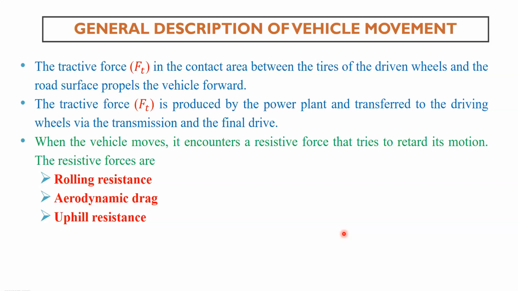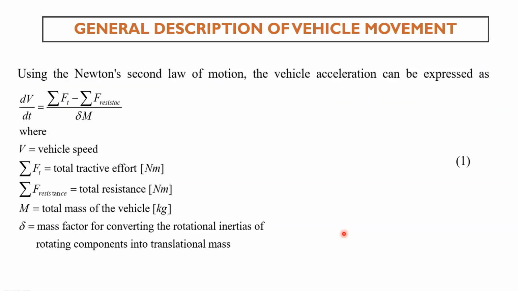When the vehicle moves, it encounters a resistive force that tries to retard its motion. This resistive force opposes the tractive force. The resistive forces are the rolling resistance, aerodynamic drag, and uphill resistance or grading resistance.